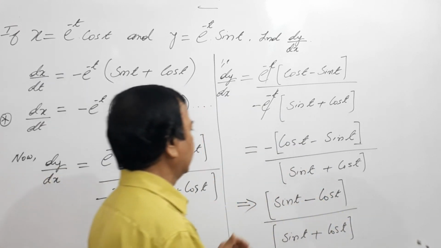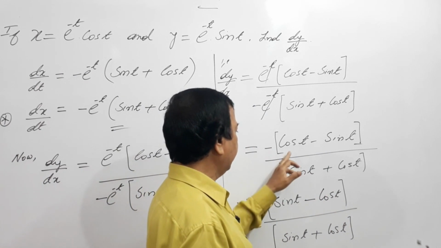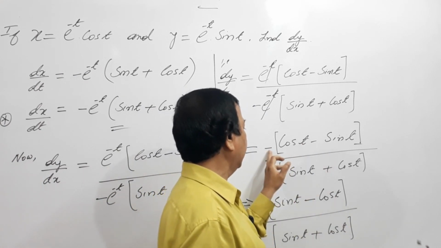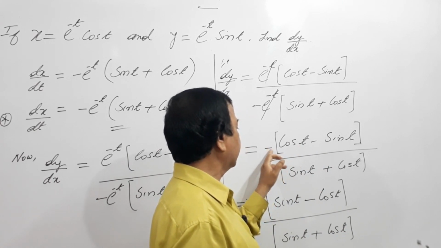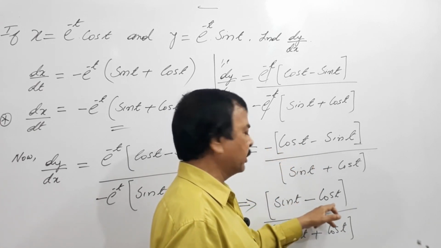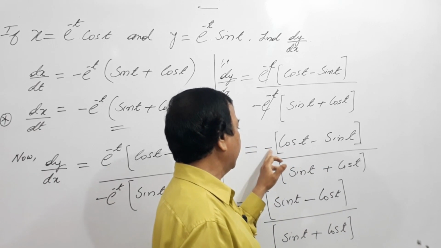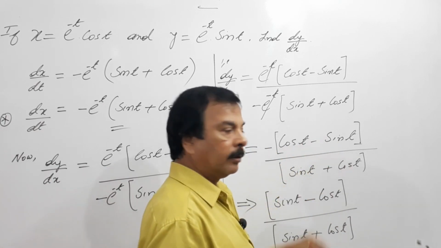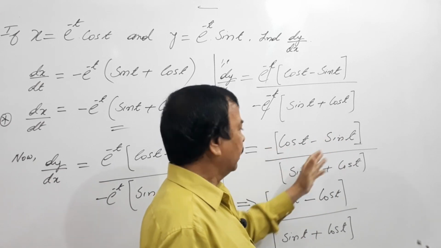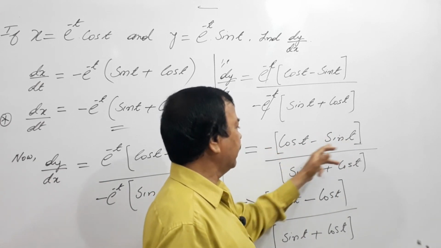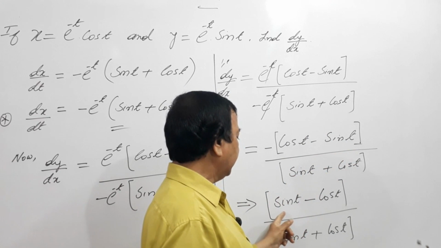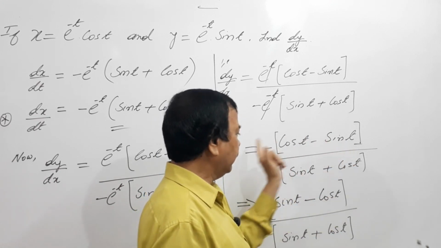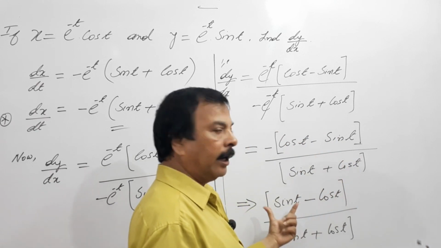What happens here? If you multiply the minus sign with cos t, it becomes minus cos t. If you multiply the minus sign with minus sin t, it becomes plus sin t. So it was previously minus cos t minus sin t, now it has become sin t minus cos t, by taking the sign inside and changing the sign.